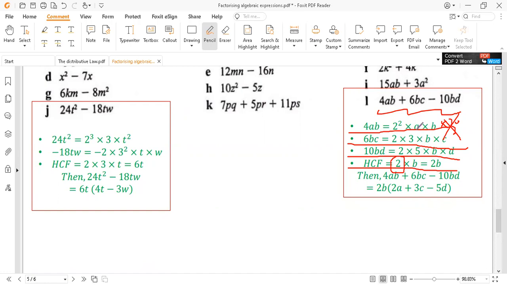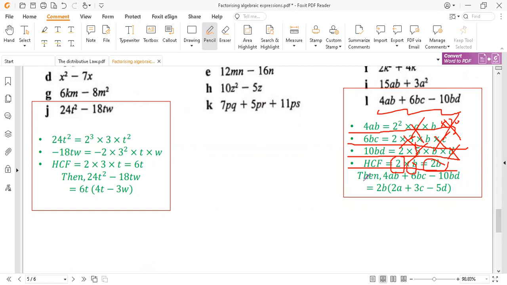We have a 5 that is missing in the other terms, so we don't take anything. We have a but not in the others, so we don't take it. B is common, so we take it. We have a C but not in the others with D, so 2B is the highest common factor of these three algebraic terms.